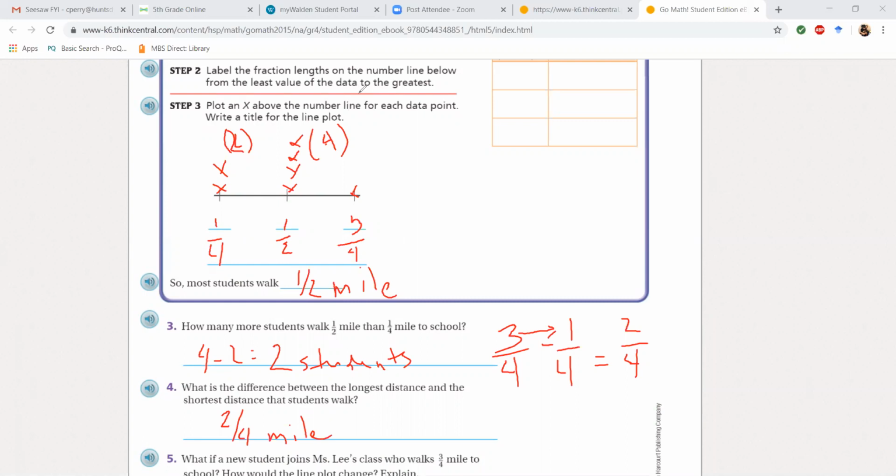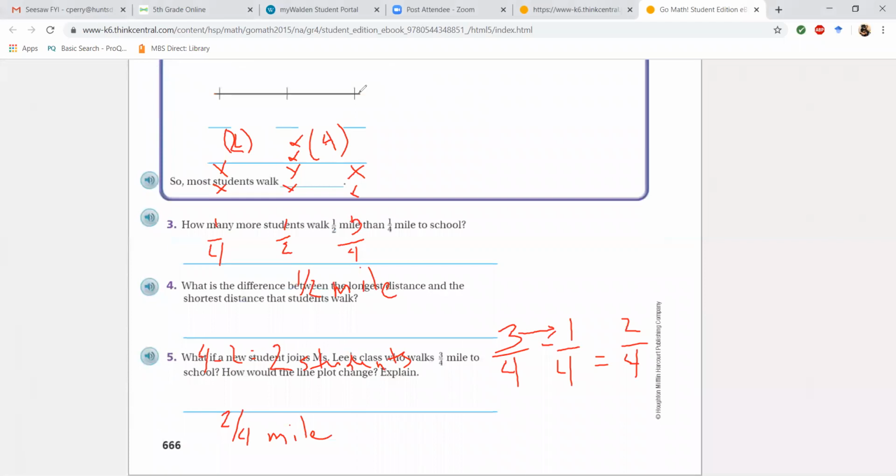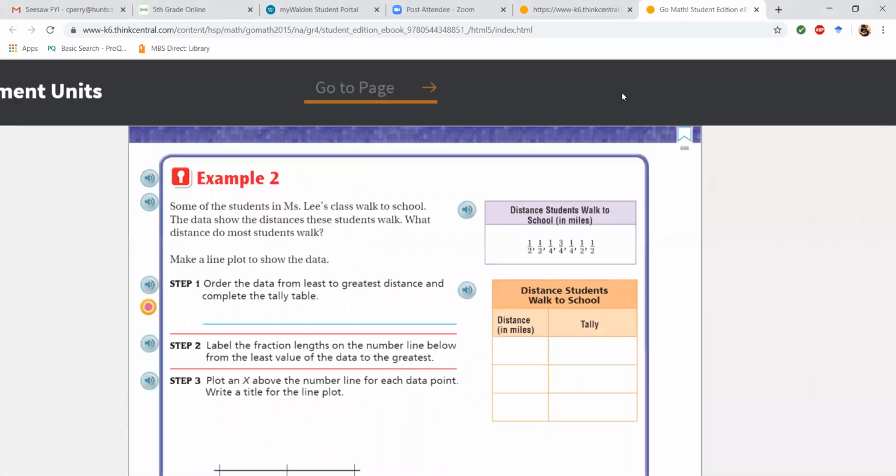It's quite simple. Do not overthink it. We know that student walks 3/4, so I'm just going to put 1 more X above the 3/4. How would the line plot change? An X would go above the 3/4. Simple as that. That page is done.